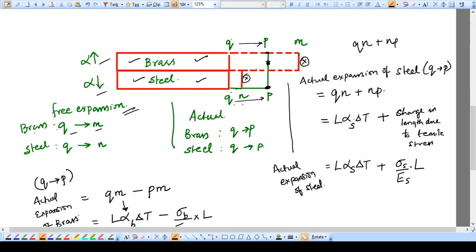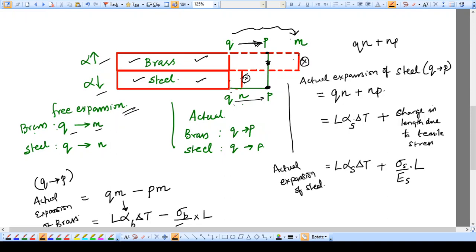There will be an elongation from Q to M, and similarly for steel the elongation will be from Q to N. But since both are rigidly fixed, they will be moving together and will end up at P. So this is the actual case. But in the free expansion process, it comes up to the point M. But in actual expansion, it is from Q to P.